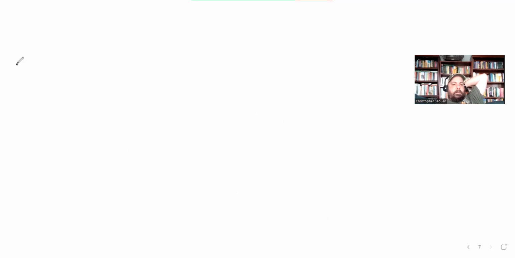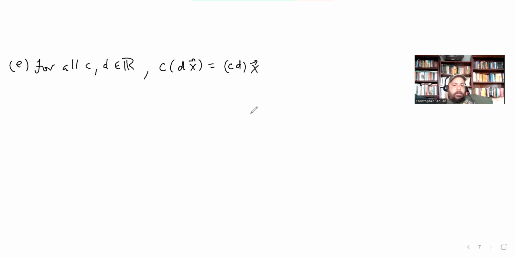Letter E says for all c, d in R, c times dx is equal to cd x.